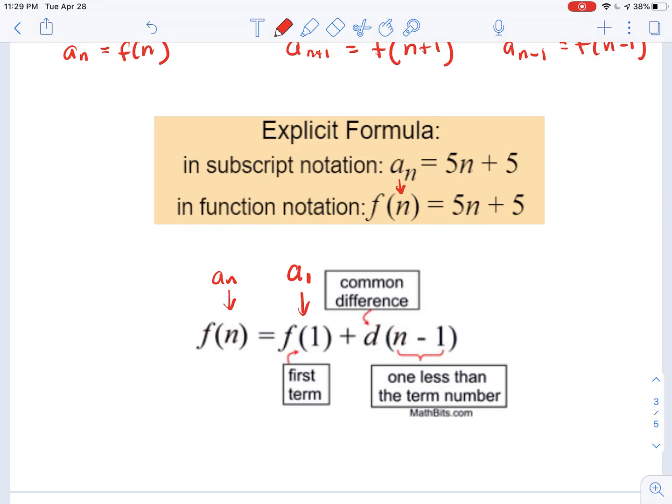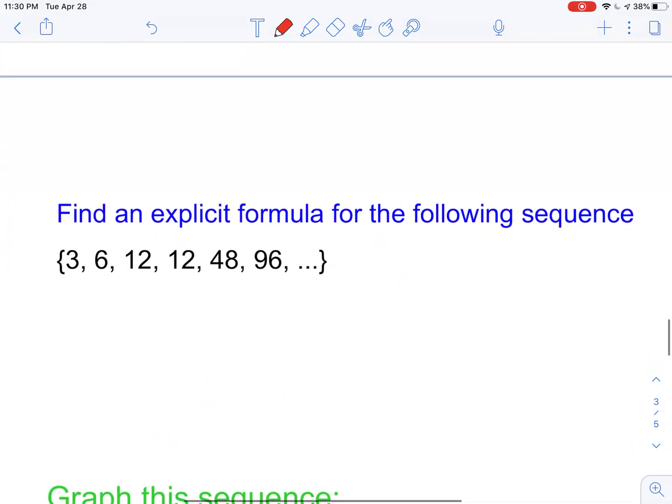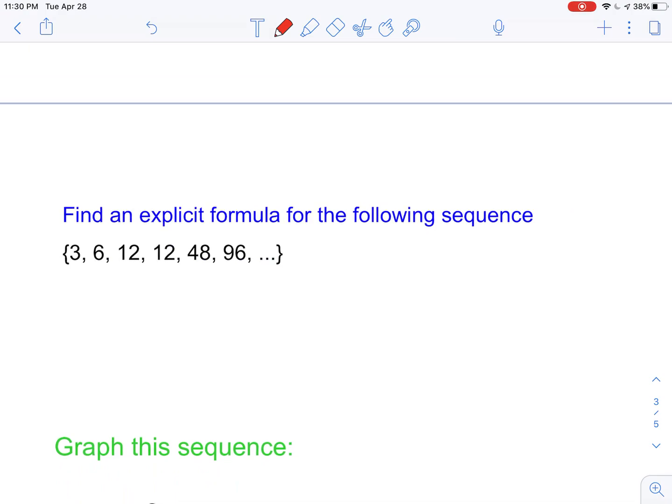Okay, so f of 1 is going to represent my first term. Everything else is the same. Now, you notice they put the common difference multiplying in front of the parentheses. That's the same. Remember, commutative property says we could switch that in either order. So this end of our equation is actually the same. So the only differences that we have here are the f of n and f of 1.